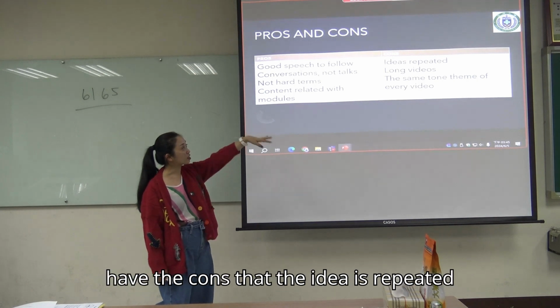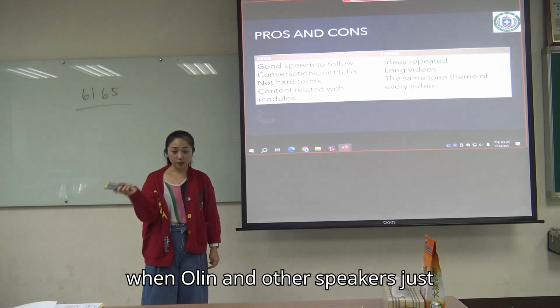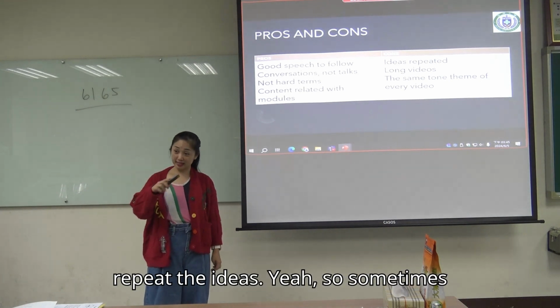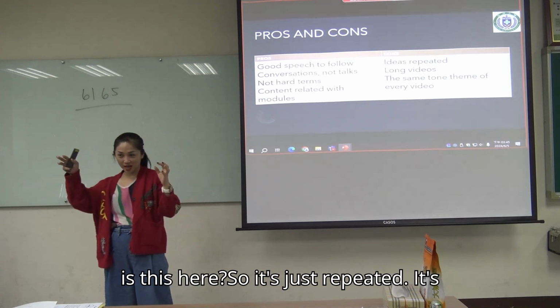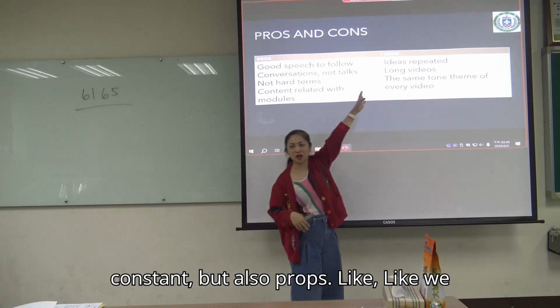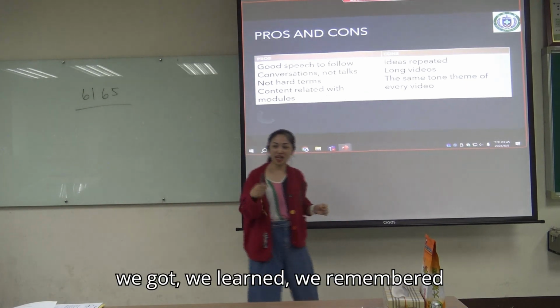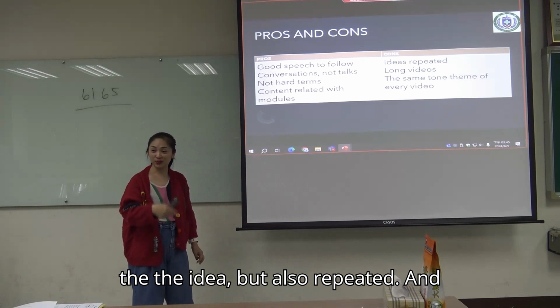However, the cons are that the ideas are repeated when Ollie and other speakers just repeat the ideas. Sometimes I feel like we got this already, so why is this here? It's a con, but also a pro: we remember the idea, but it's also repeated.